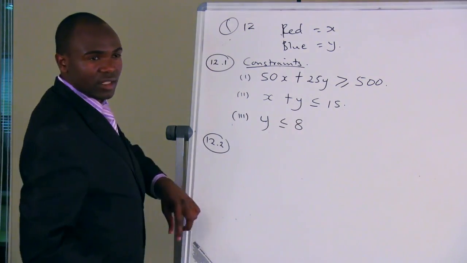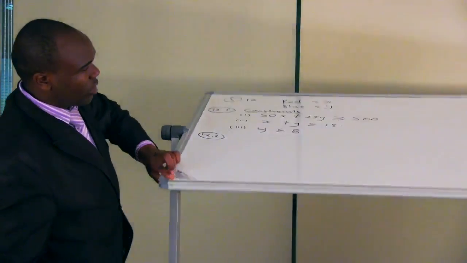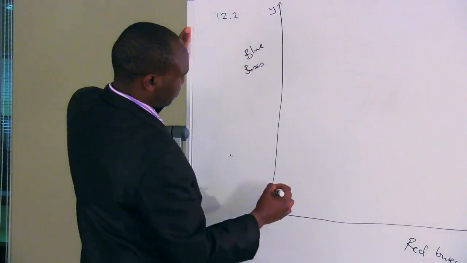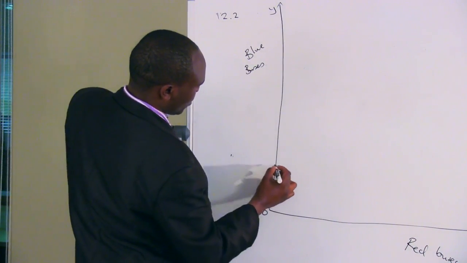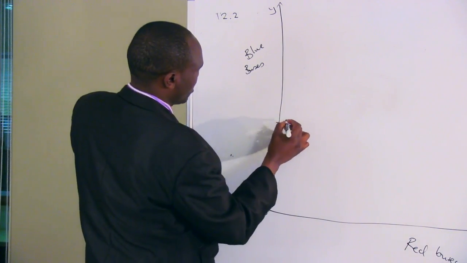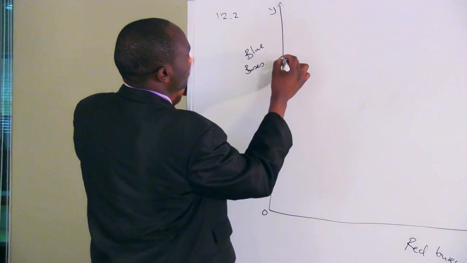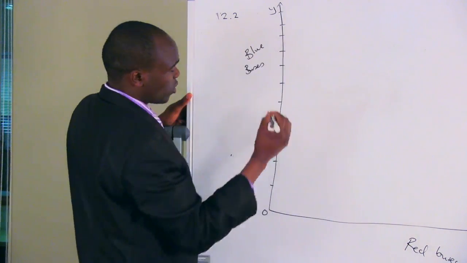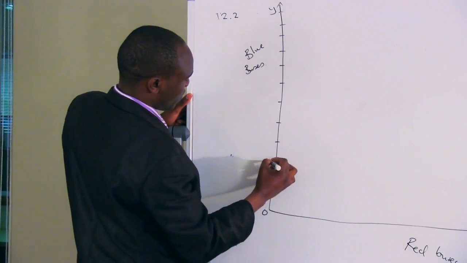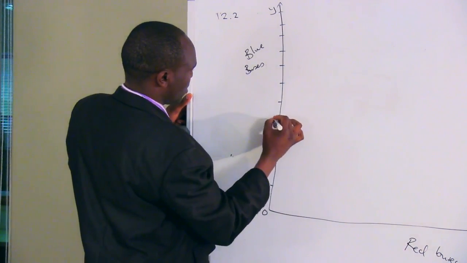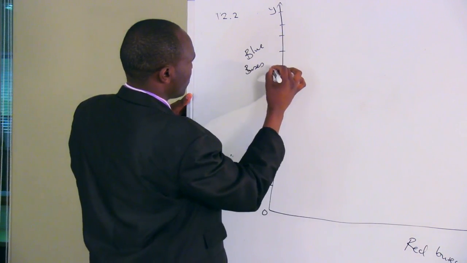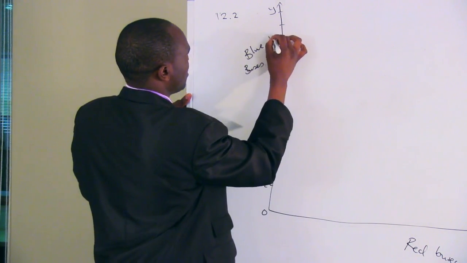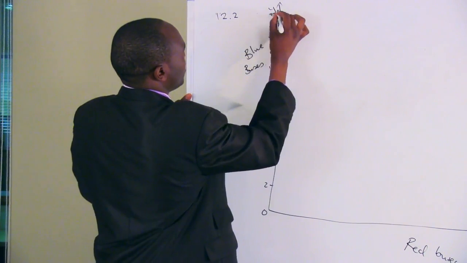Y is equal to 8. All right. How do you draw it? Now you come here. Let's just say 2, 4, 6, 8, 10, 12, 14, 16, 18, 20, 22. So it's 2, 2, 2 going up. Right?